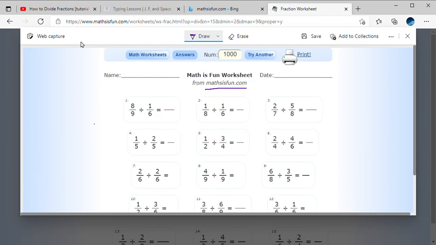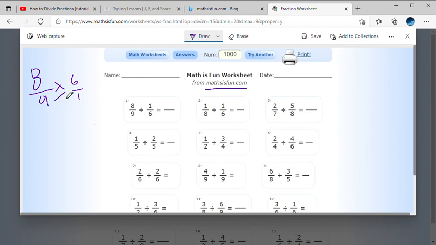Alright, the first one is 8 over 9 being divided by 1 over 6. We're going to change the divide sign into a multiplication sign, and then reciprocate the 1 over 6 to 6 over 1. Then we simplify and cross multiply.